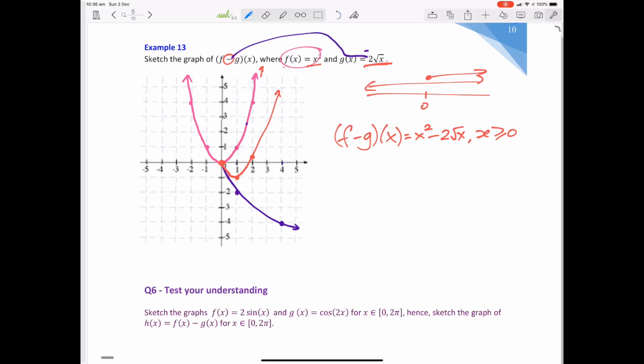So if you're adding these two functions together, because that's negative, you get a ruler, you get that length, and then you go to here and then go down that length.